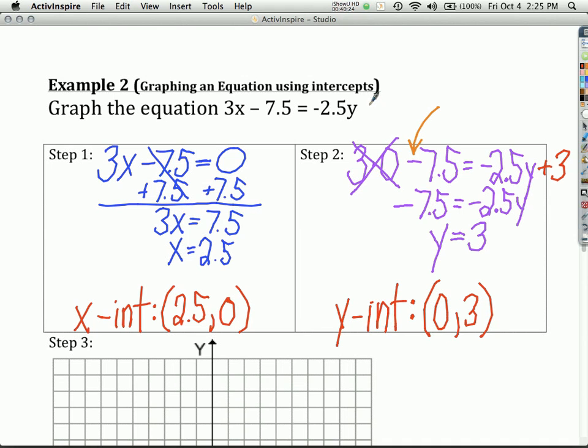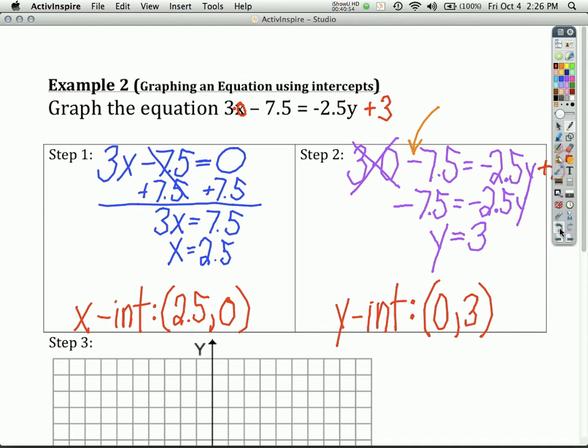So if there was a plus 3 in the original equation, that can happen, but we're trying to find the y-intercept, which means we make the x into a 0 and then solve the equation. We're trying to get the x to disappear and solve for y. Is there an x over here? No. You're suggesting that if there was a 3. Okay? Am I answering your question? Okay, good. And you're going to see all sorts of different equations.